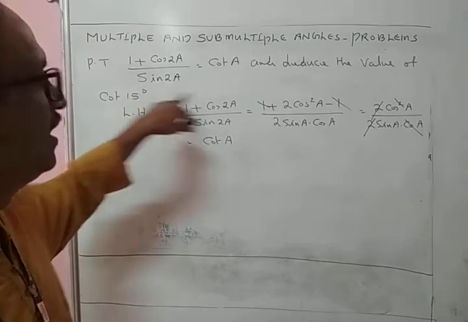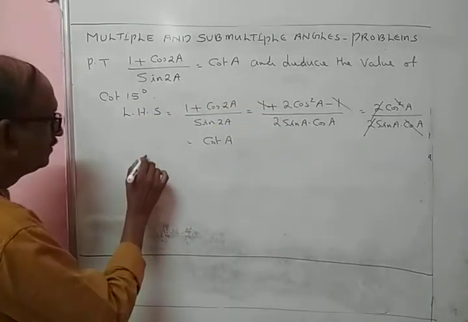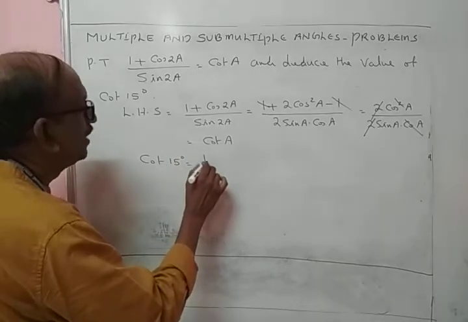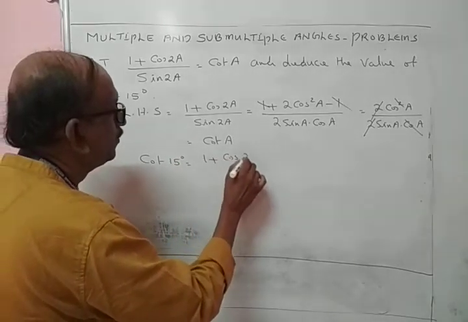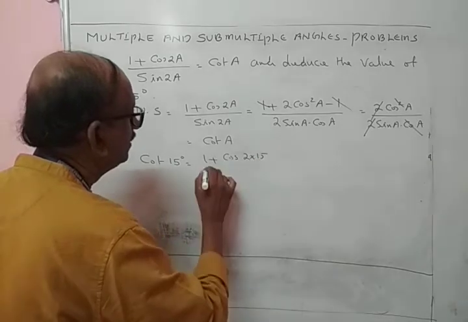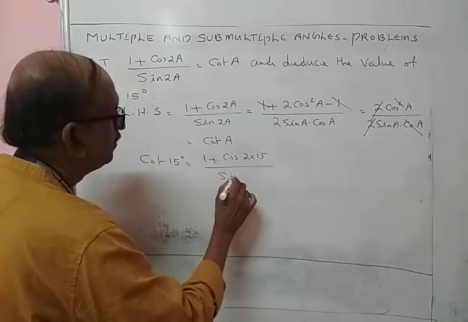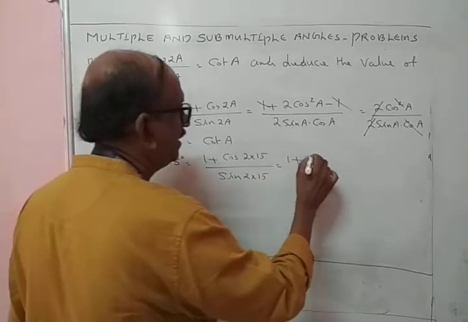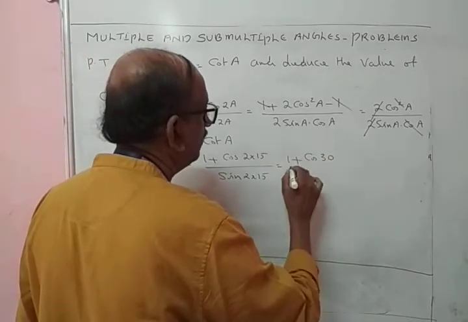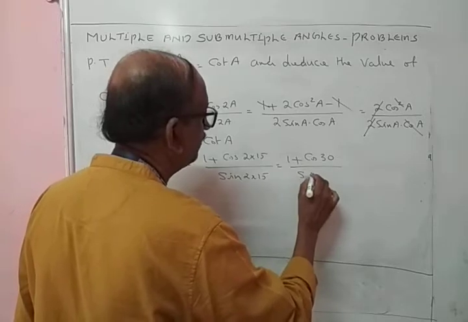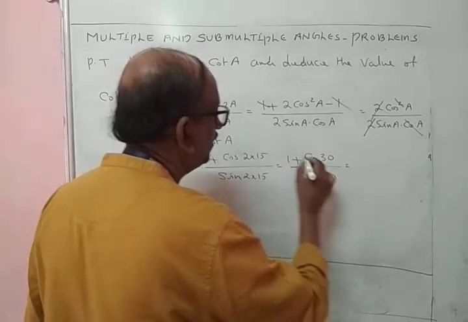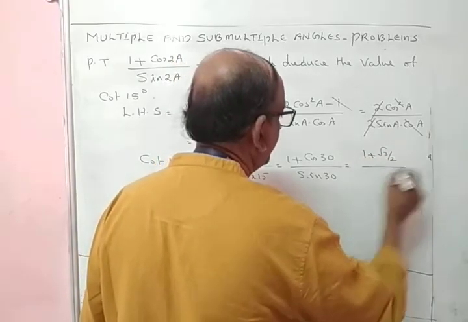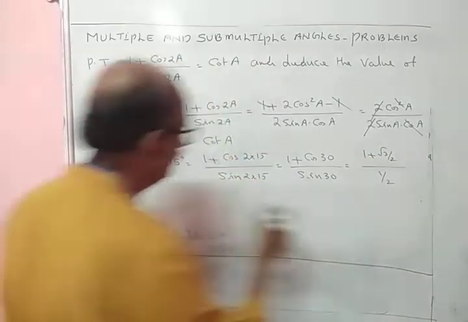Then substitute a is equal to 15 degree. Cot 15 is equal to 1 plus cos 2 into 15 by sin 2 into 15, that is 1 plus cos 30 divided by sin 30. 1 plus cos 30 is 1 plus root 3 by 2 divided by sin 30, 1 by 2.